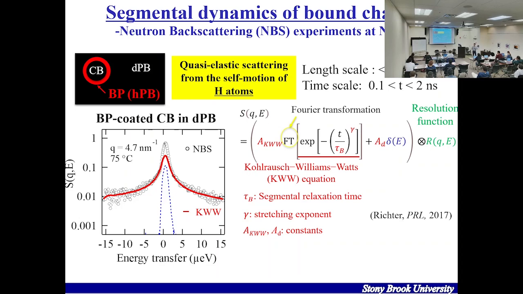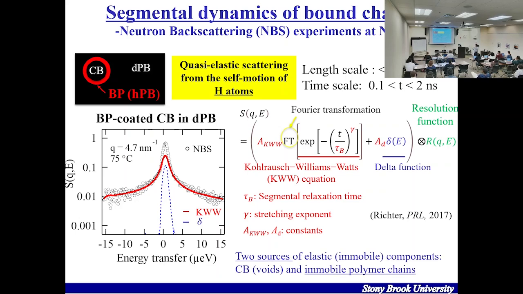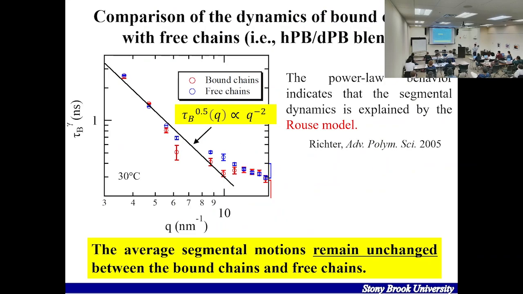So we got this tau and gamma as a function of Q, and let's see what we can see. This is the characteristic time as a function of Q. We keep discussing this.